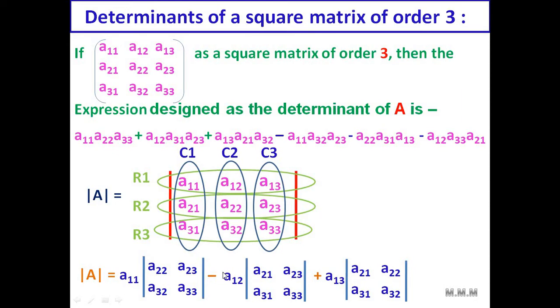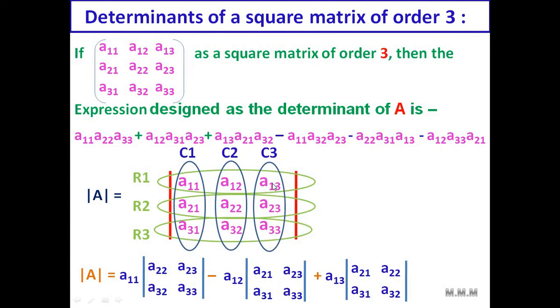For a12, this is the even position, so we take minus a12, and the row R1 and column C2 will be left, the remaining a21, a23, a31, a33 here.